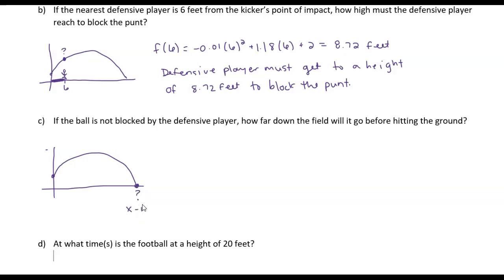This is an x-intercept. So we're essentially looking for an x-intercept. And we find our x-intercepts by setting our function equal to 0. So we are going to take that function that we've been given, and set it equal to 0.